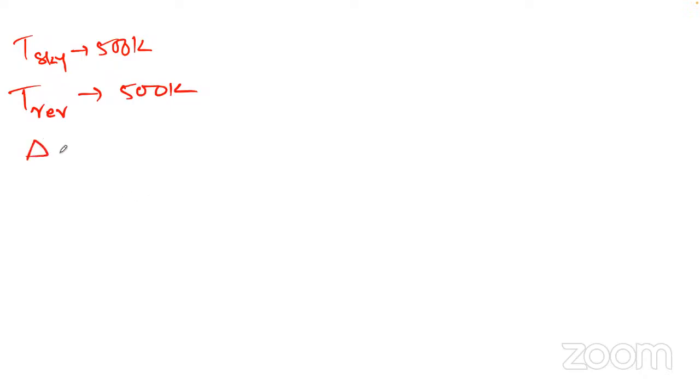And delta T we have 200 Kelvin, correct? Yes, sir. Now what I said in the previous one is that the total temperature is equal to T receiver plus T sky.